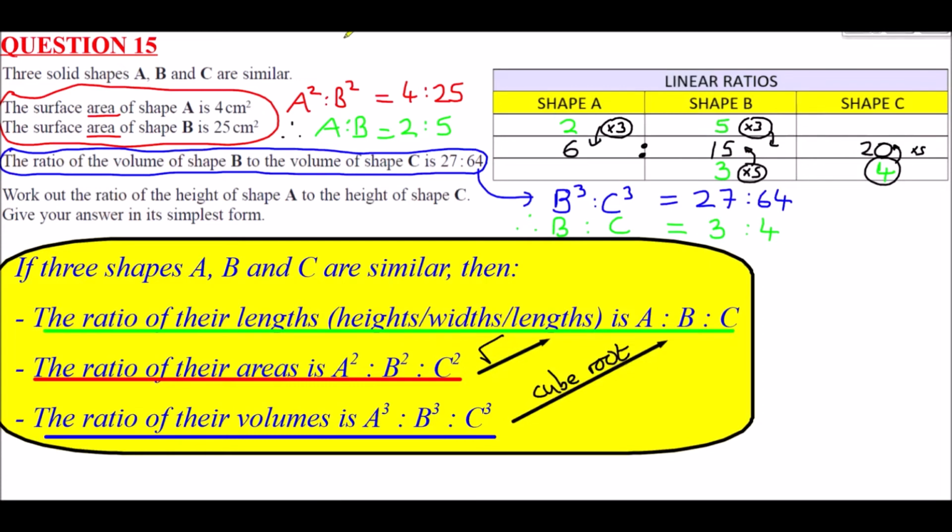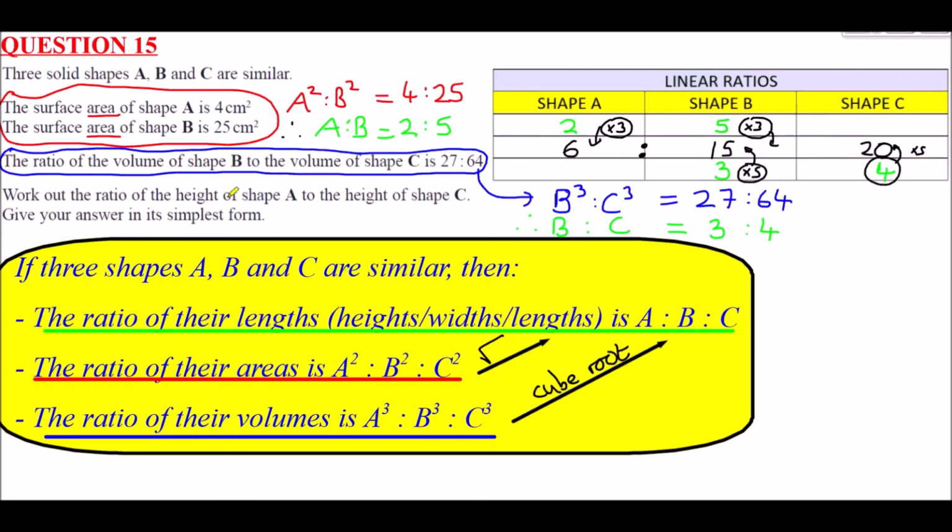So now we're in a position to answer the actual question. The actual question is to work out the ratio of heights. Heights is a linear ratio, which you already worked out here.